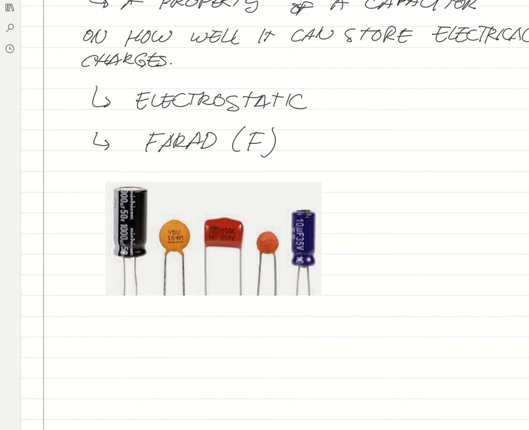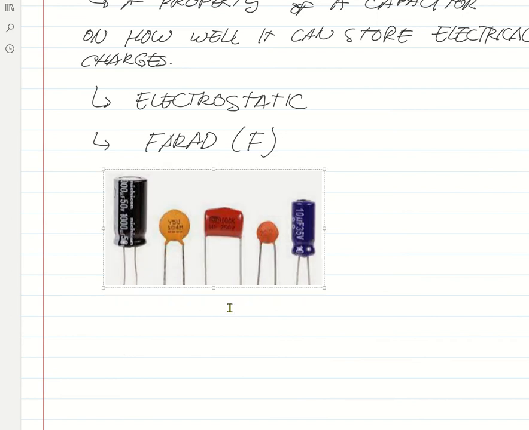Some are called electrolytic capacitors, some are called ceramic capacitors because they use ceramic as the dielectric. These are examples of capacitors used in electronic circuits. If you see devices similar to these pictures, then they are capacitors.